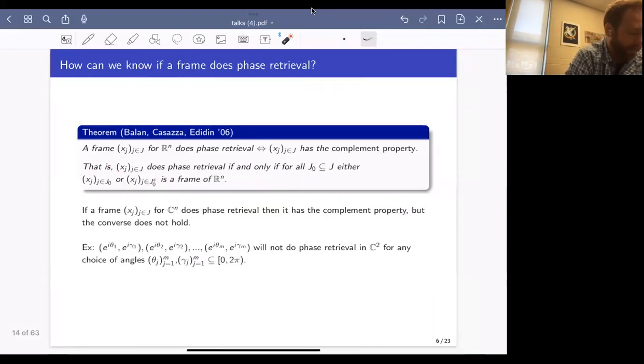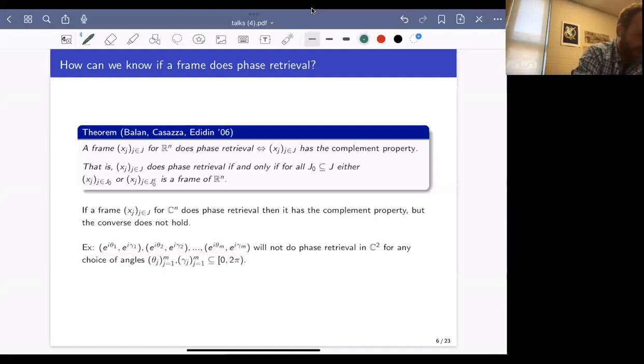One thing to point out is for complex Hilbert spaces, the complement property is necessary for phase retrieval, but it's not equivalent. So here's an example. If you pick a bunch of frame vectors where each coordinate of your frame vectors has modulus 1, and I'm doing this in C2, no matter how many frame vectors you pick, it's not going to do phase retrieval.